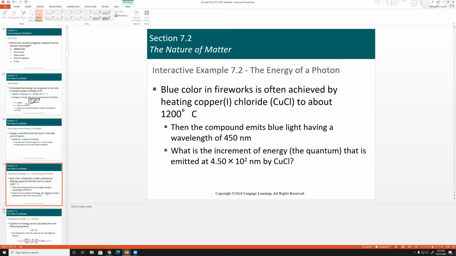Before we get into the Bohr model, which is a key concept for understanding atoms, when you heat these metal salts, the electrons in the metal will hop energy levels. They go from their ground state energy level and increase in their energy level. When they come back down to their ground state, they release energy in the form of light.